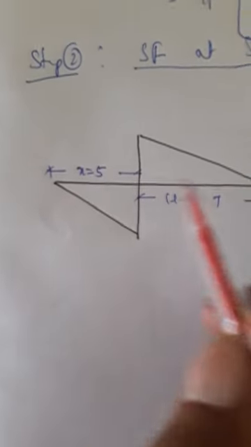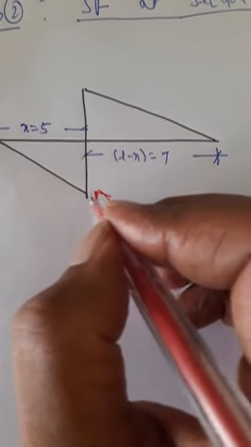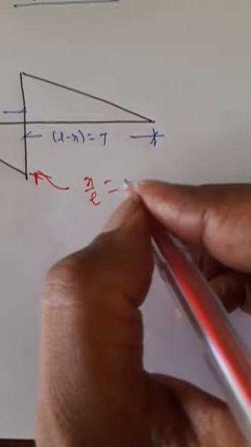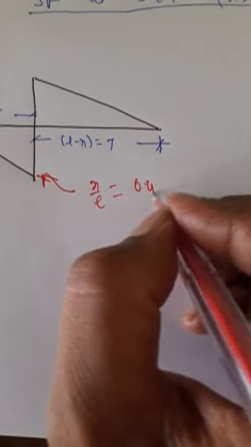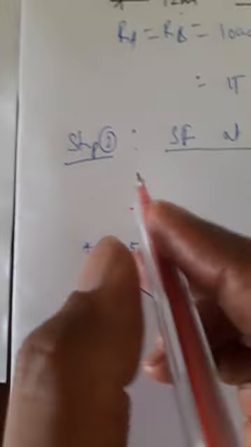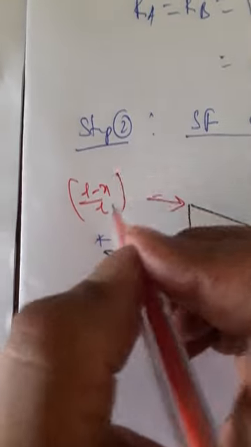x is equal to 5 meters from A, L minus x is 7. So this ordinate is given by x by L, which gives me the value 0.417. This ordinate is given by (L minus x) by L. These are the standard values.